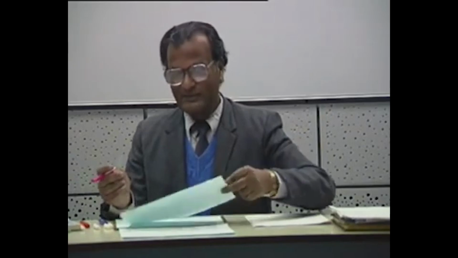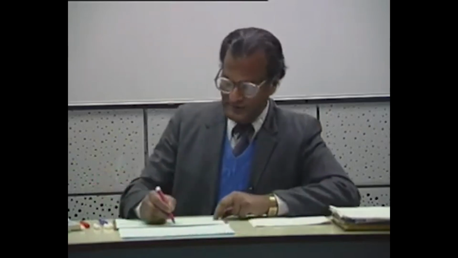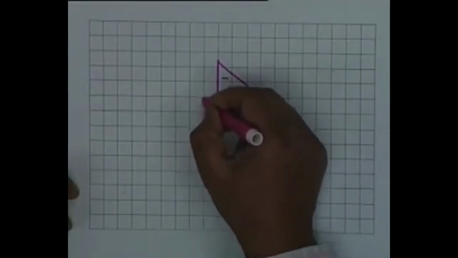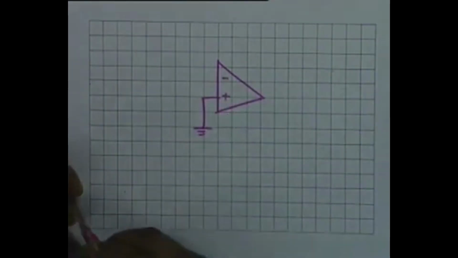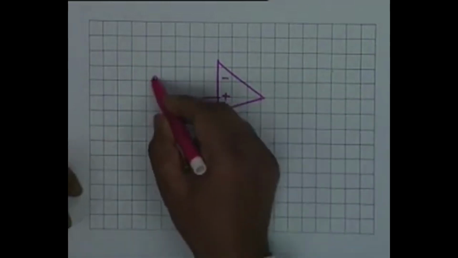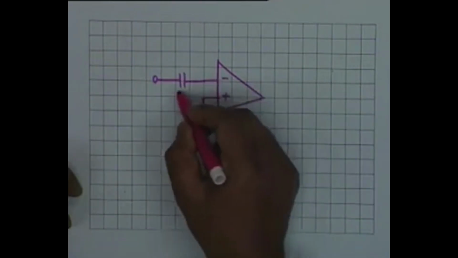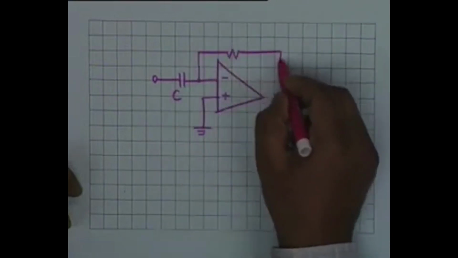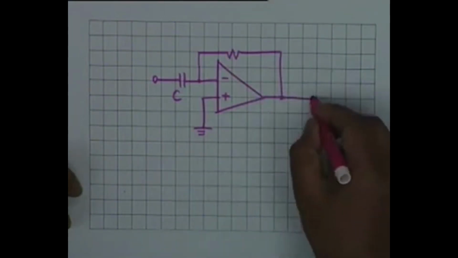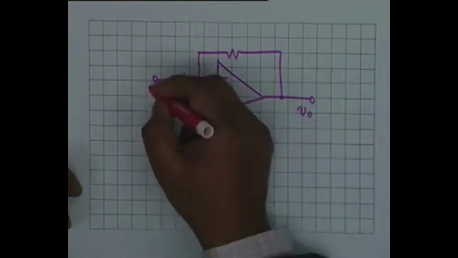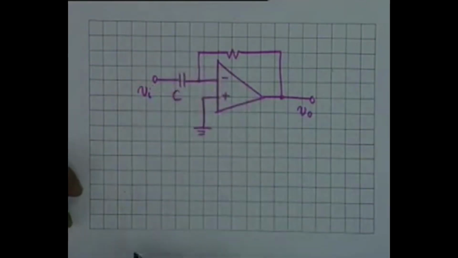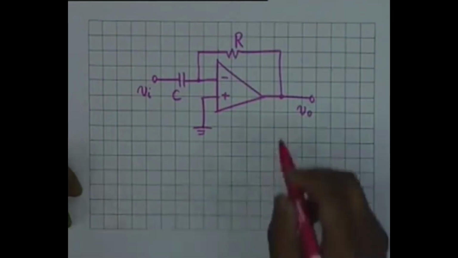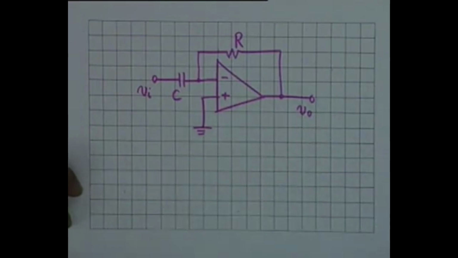Well, this is offered by the op amp. If you take an op amp in which the non-inverting terminal is grounded, the capacitor C is connected here, and the resistor is in the feedback path. This is V0 and this is Vi. Suppose I consider this particular circuit in which the op amp is assumed to be ideal.